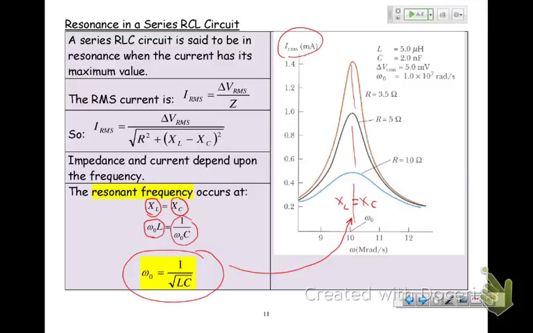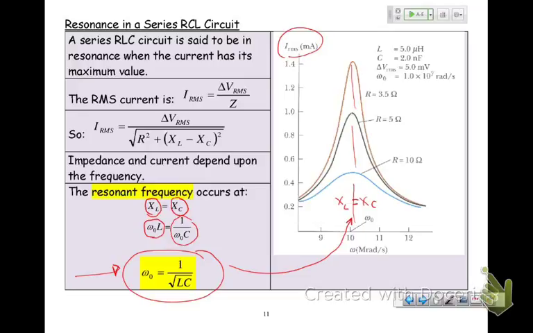So for a given LRC system, I know the sweet spot frequency. It's called the resonant frequency. And I know that at that resonant frequency, the impedance of the circuit is equal to the resistance, because the XL cancels out the XC.